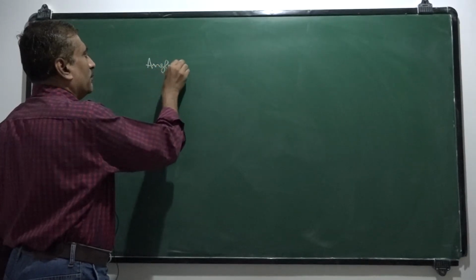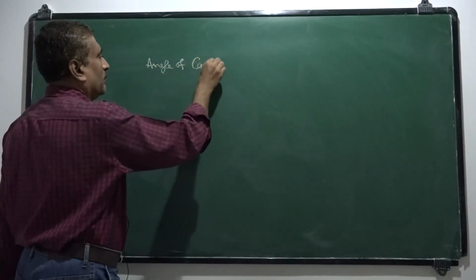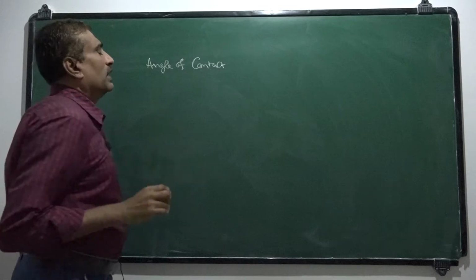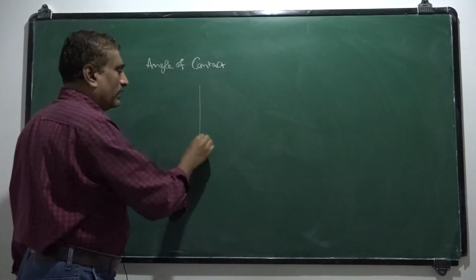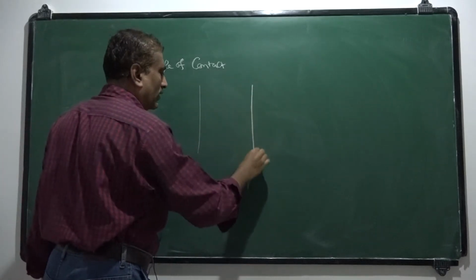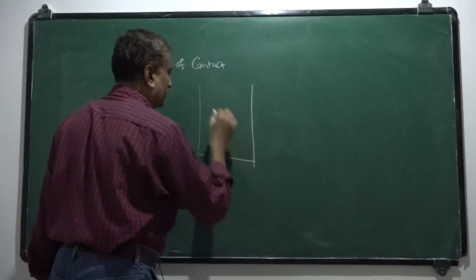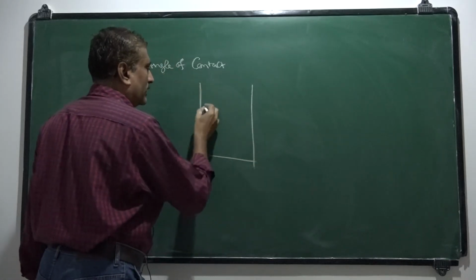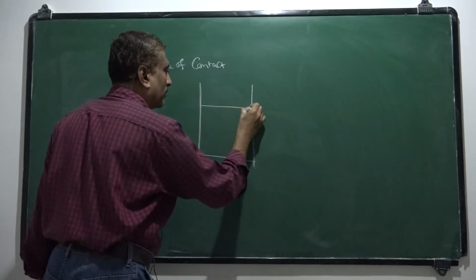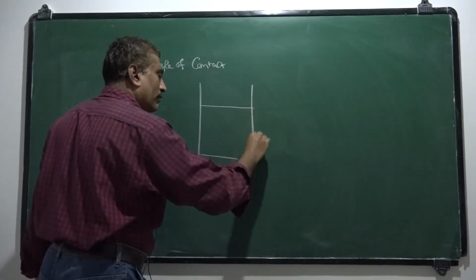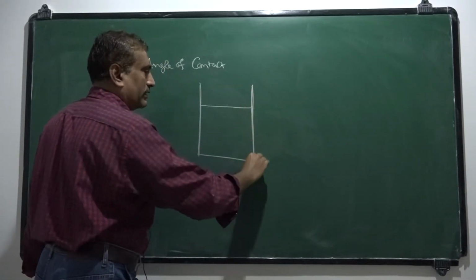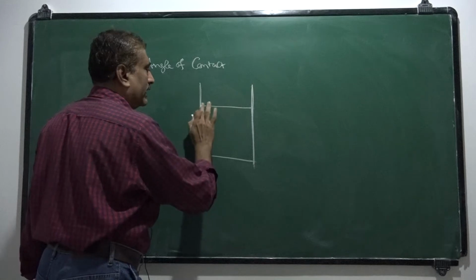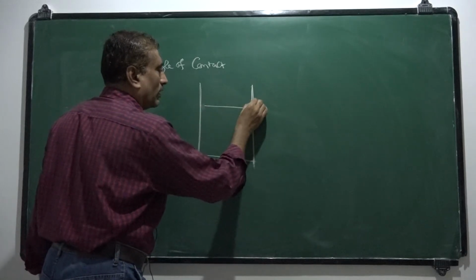Now another phenomenon, angle of contact. Now when we take a liquid in a glass container, the surface of the liquid is not perpendicular to this glass surface. That means here at the edges it will be curved like this.